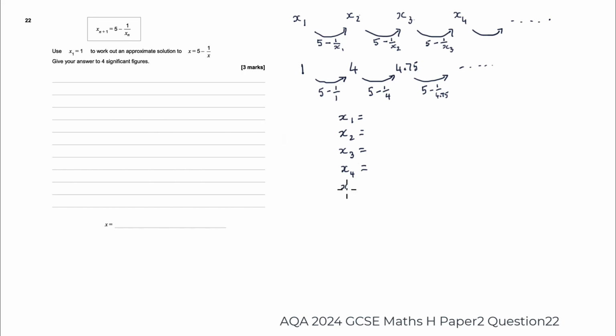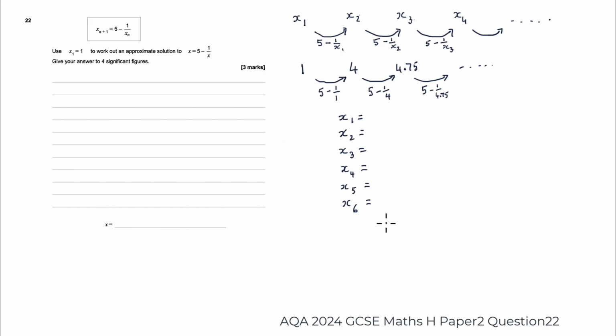And because we've to work to 4 significant figures, we don't need to write too many digits down, so long as we've got more than 4 significant figures and we can see what is happening and how close they're getting to a final value, then we should be okay.